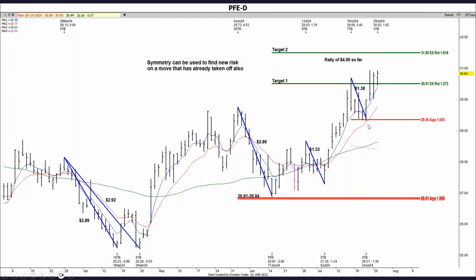So if you miss the initial setup, and sometimes you don't want to take the initial setup because the moving averages are on the side of the bears, that initial setup was not as enticing as the setup on the 24th of July, because the moving averages looked better at that point. But the good news is, even though the moving averages were on the side of the bears with that initial setup on the 17th of June, your risk was very clearly defined there.